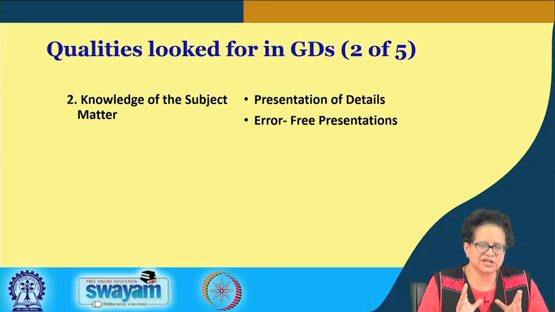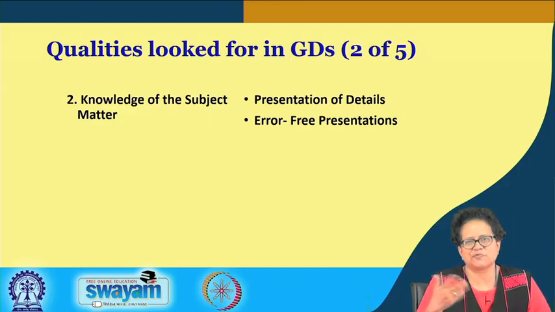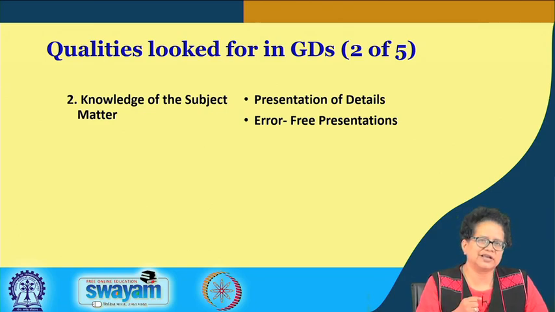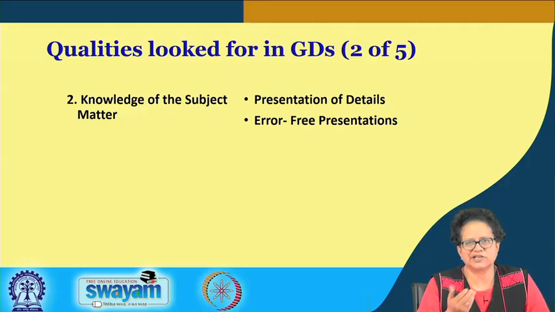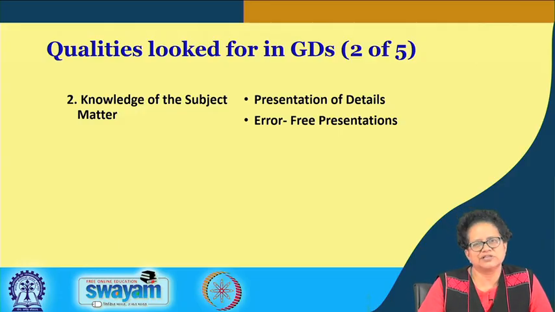In the event of a case GD, you should not make any errors, because that case sheet has been provided to you by the recruiter, and they will understand that you are making an error if you make an error. So, the advice is presentation of details and error free presentations. This displays your knowledge of the subject matter under discussion.